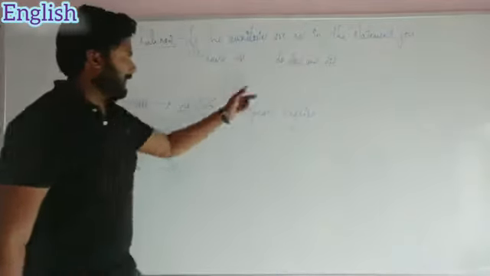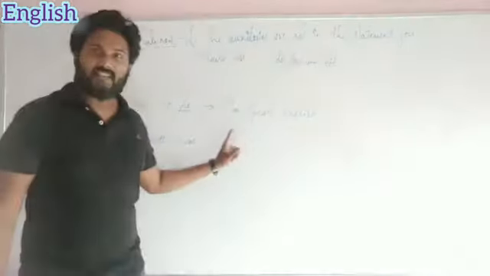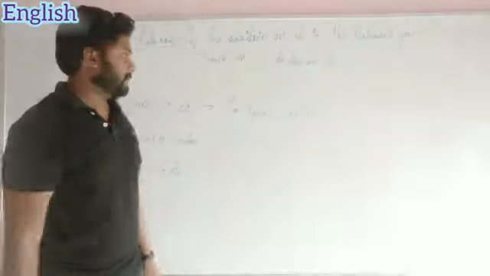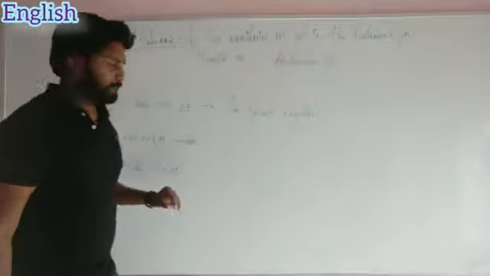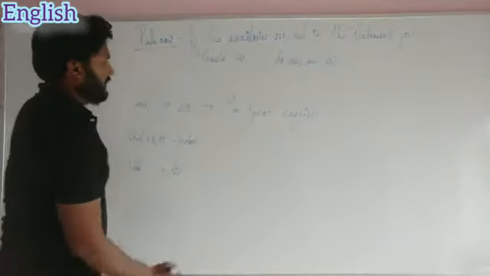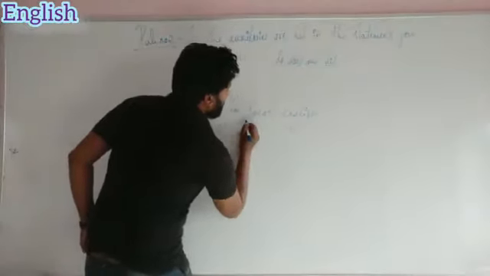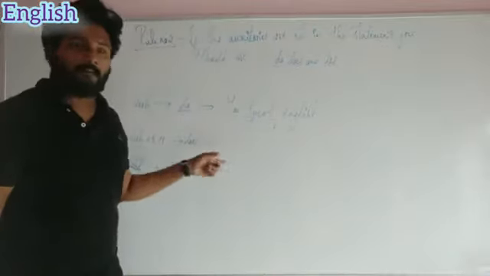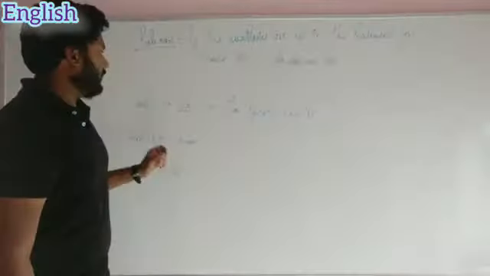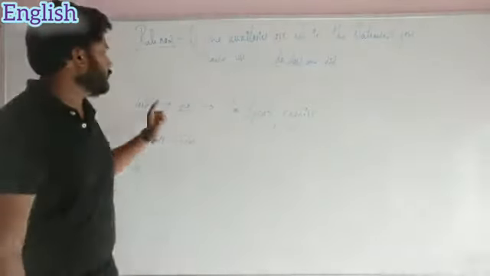See, in this statement, there is an absence of the auxiliary verb. So as I say, you should use the word do, does, or did. The verb, it is in which form? It is in the first form. The verb is in the first form, so we should use do.